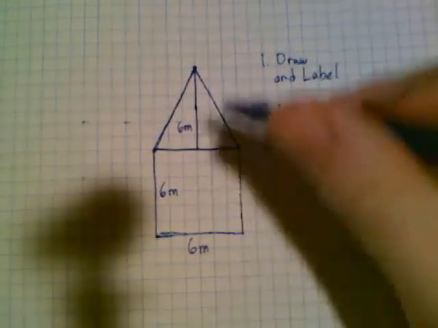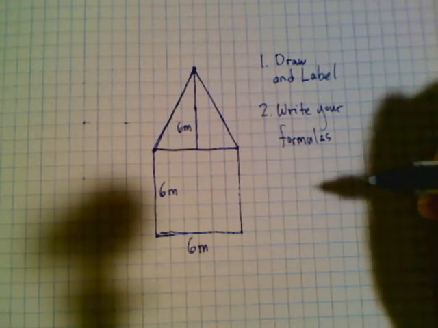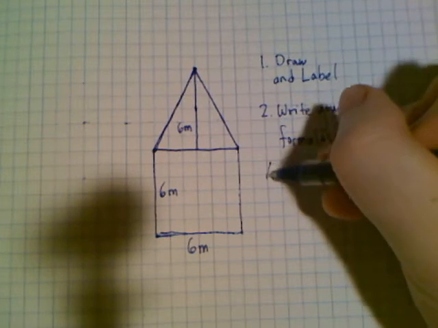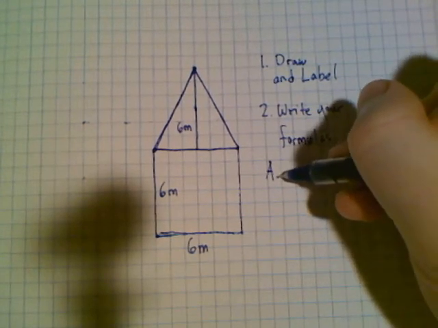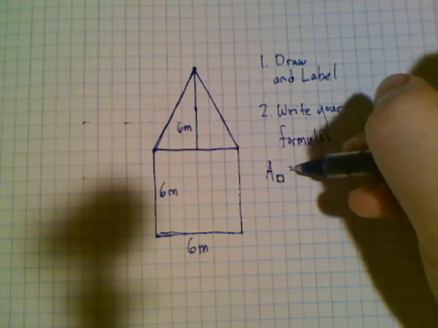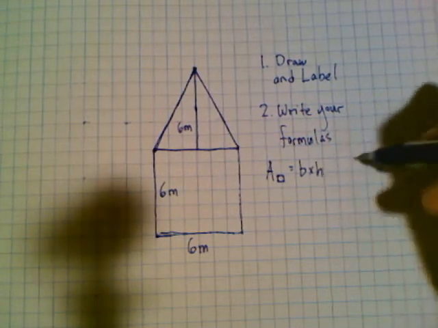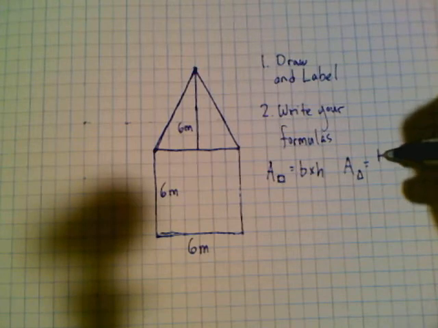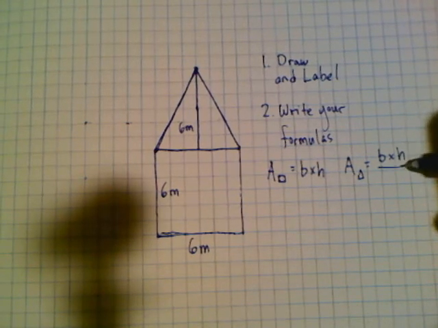In this case, we have a square and a triangle. Now, a square is just a type of rectangle. So we could say the area of a rectangle is base times height, and the area of a triangle is base times height divided by 2.